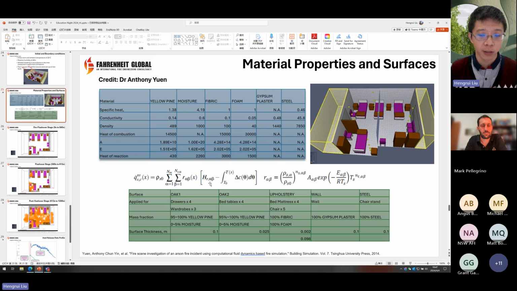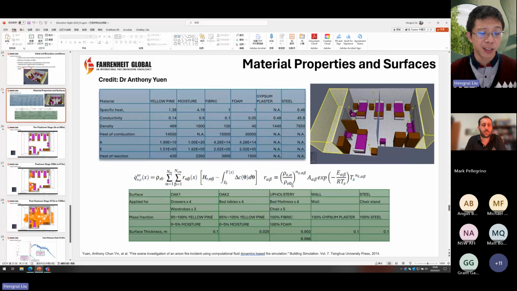So basically, what's the heat release of the material, what's the combustion byproduct, how long does it burn, and how fast is the chemical reaction taking place. That's why we have these complex equations here, to incorporate the behavior of the material. So we have to ascertain the material behavior to be able to input it into the model itself.